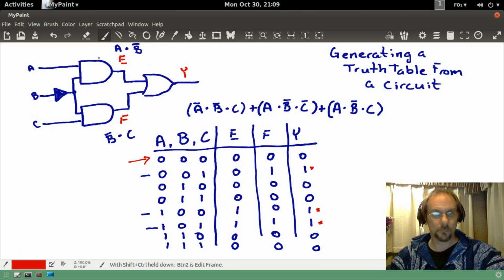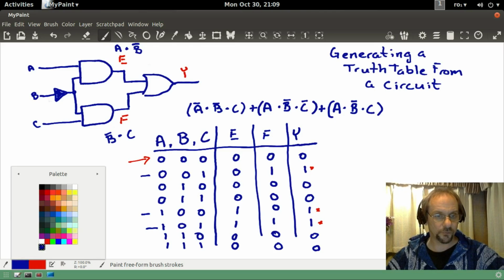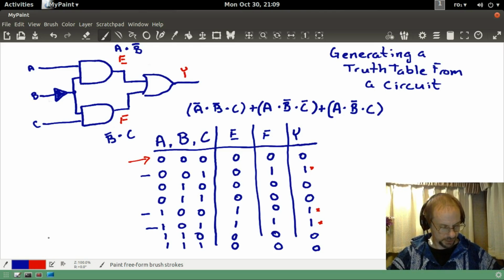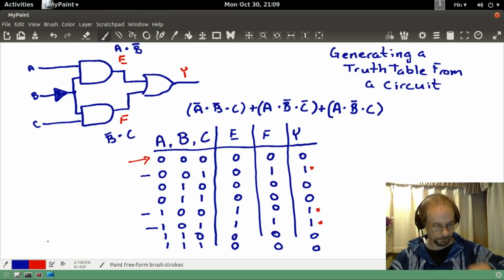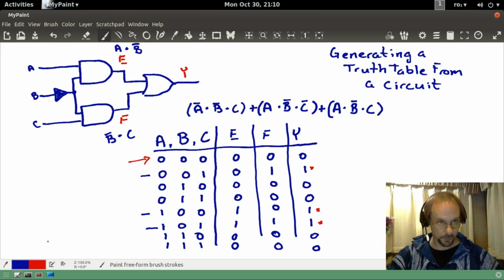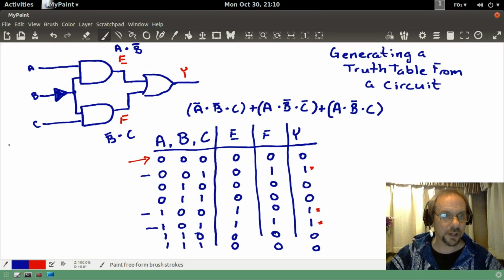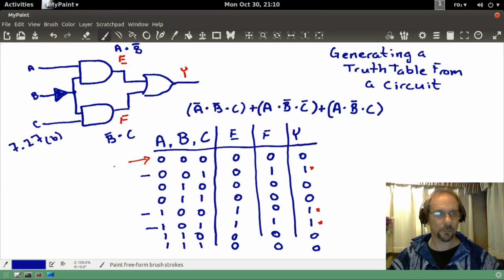So let's check our answer real quick. This is problem 7.27B that we're doing here, okay?